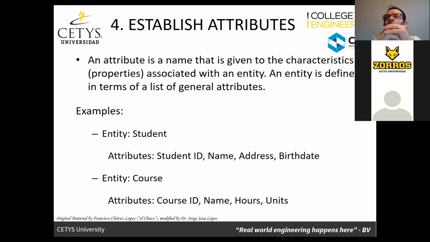So we can have an entity that's, for example, student. And what would be the attributes of a student? Well, your student ID, your name, your address, maybe your birthday. We could have an entity called a course: the course ID, the name, the hours, the units. Each entity is going to have attributes, and these are the characteristics or properties associated with it.